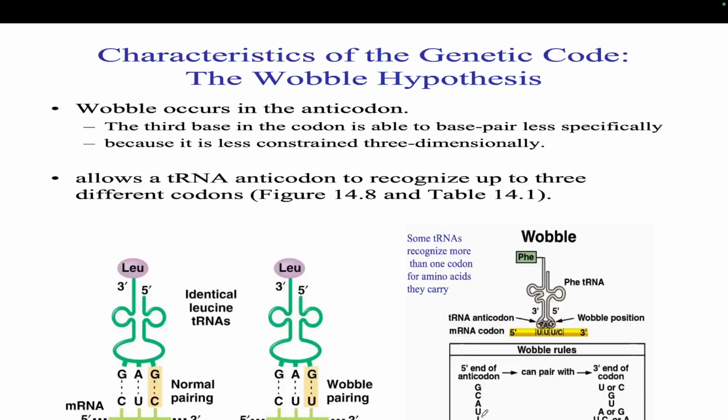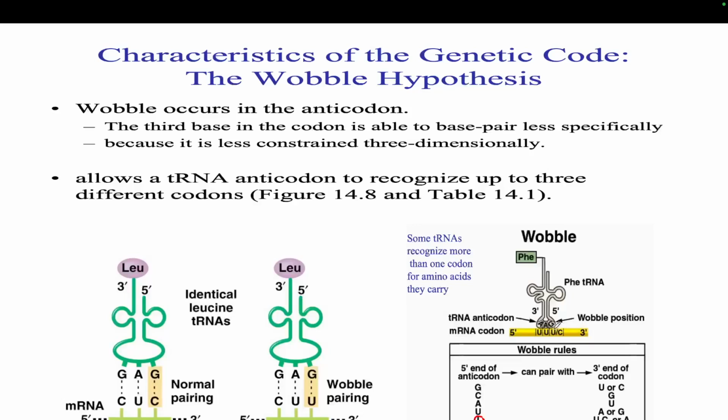This is the only base which can base pair with three different types of bases. If inosine is present at the first position of the anticodon, then it can base pair with three different types of codons. So you have to remember this part: the wobble position is always between the anticodon loop of tRNA and the codon region of the mRNA.